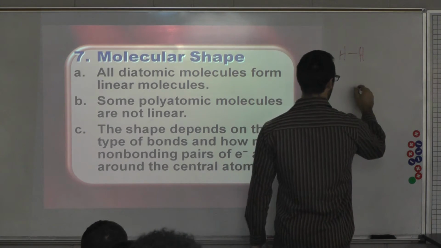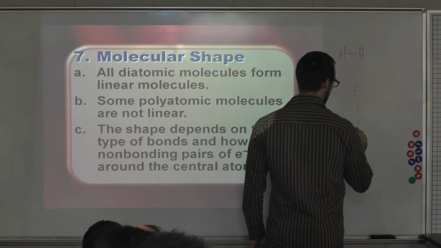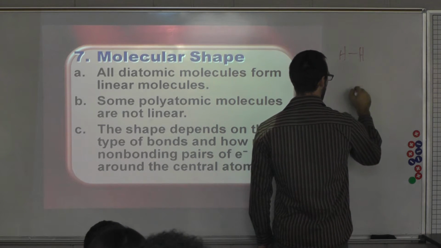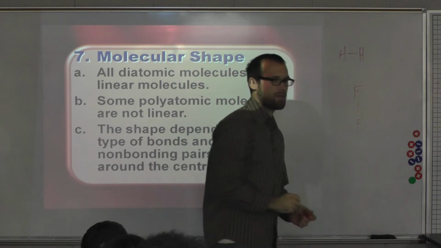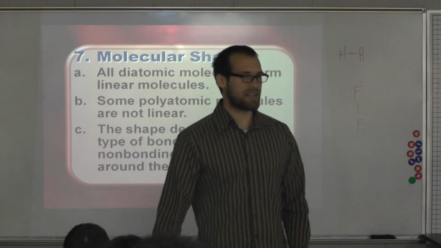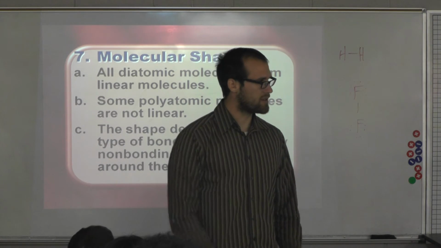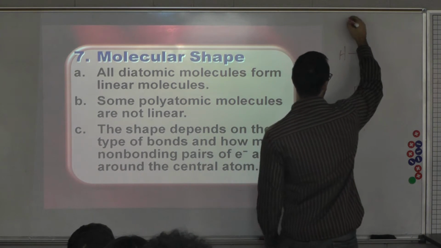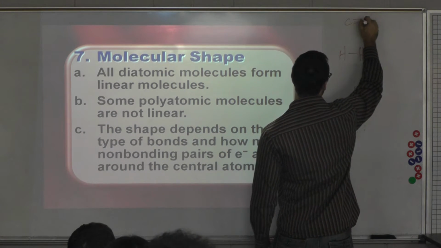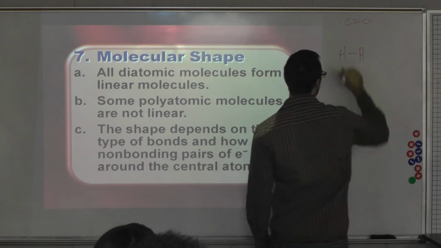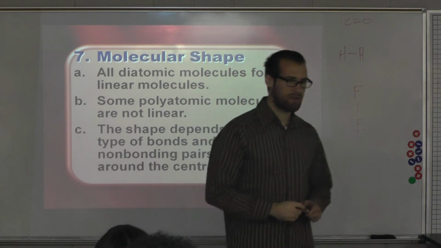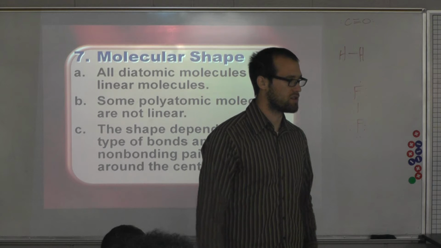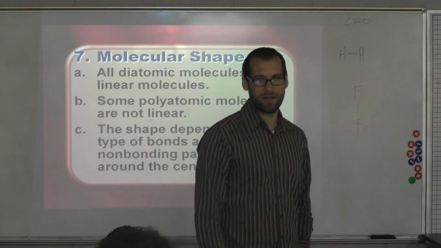I can do it like this with fluorine. That was the most random way to do that. But that's still a straight line, right? This is a vertical straight line, but it's still a straight line. Or maybe like carbon with oxygen, which is a goofy one you've probably never seen. That's a higher level Lewis structure. You're probably wondering, how is that possible?